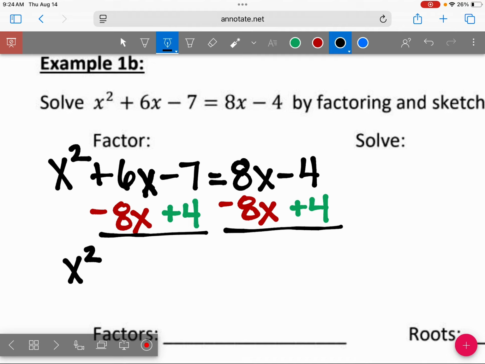What's 6 minus 8? Negative 2. So I got a negative 2x now. Now do the same thing here. Pick up your calculator. Negative 7 plus 4. Negative 7 plus 4, negative 3.